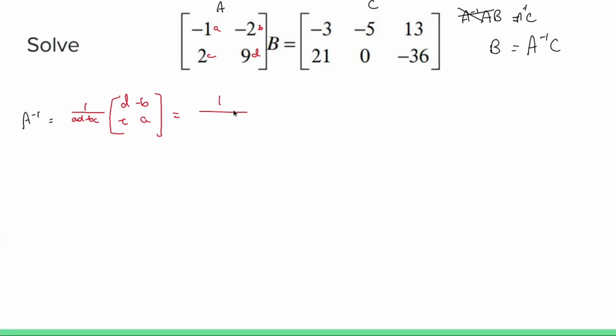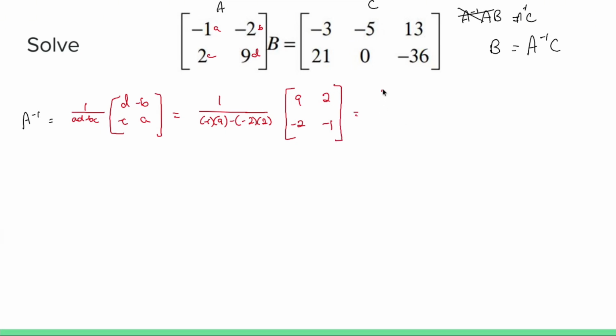1 over negative 1 times 9 minus negative 2 times 2. Oh, this is not going to be fun at all. Multiply that by the matrix where we flip-flop the A and the D, so 9 and negative 1 make you positive 9 and negative 1, and the opposites make you positive 2 and negative 2.